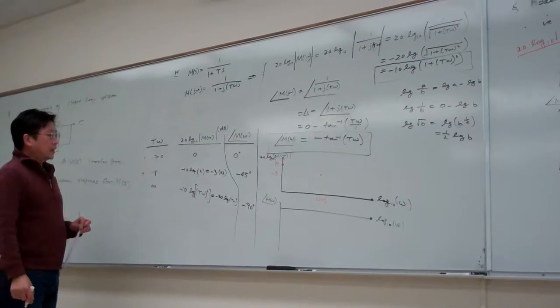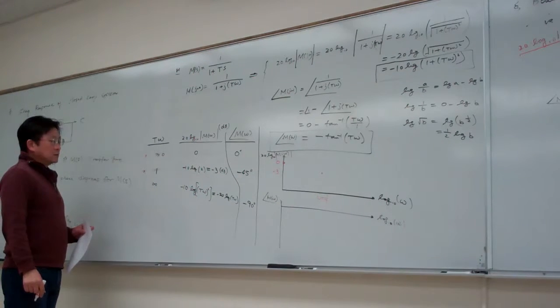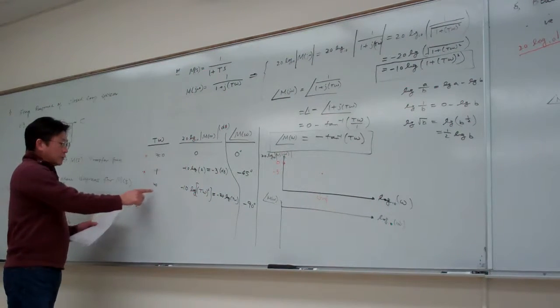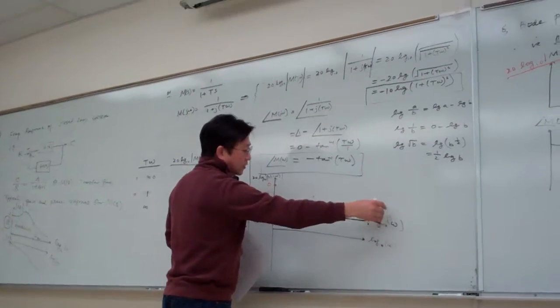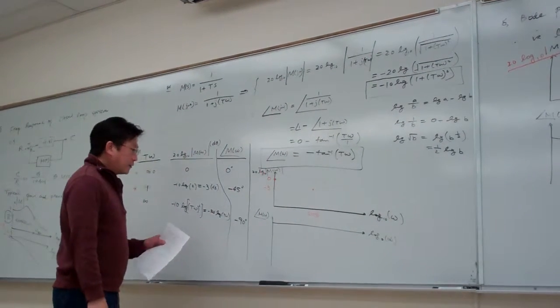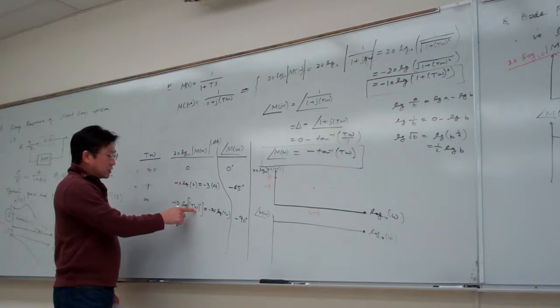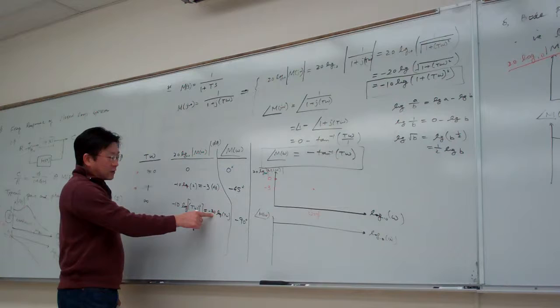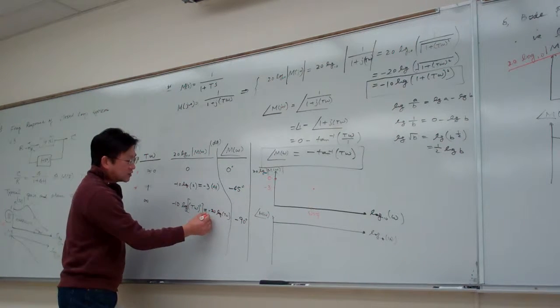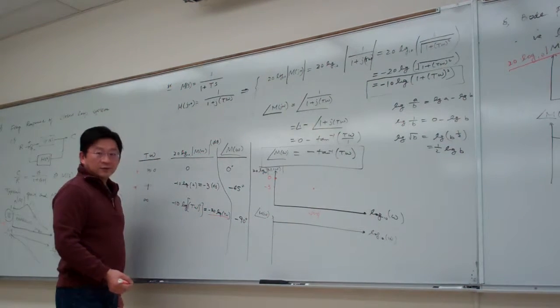Okay. And then when going to infinity, that means once we approach the right-hand side of the domain, the larger the omega, the smaller the value, and it is approximated by a straight line, right?